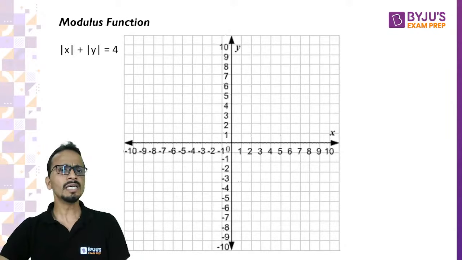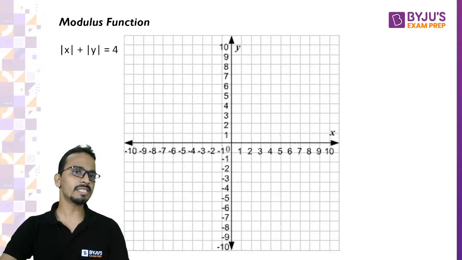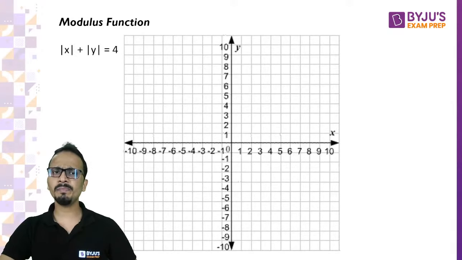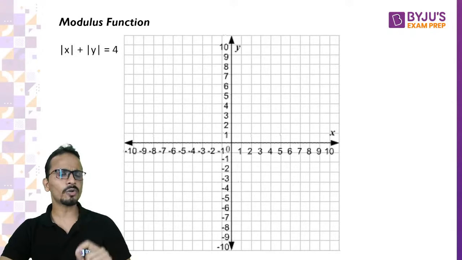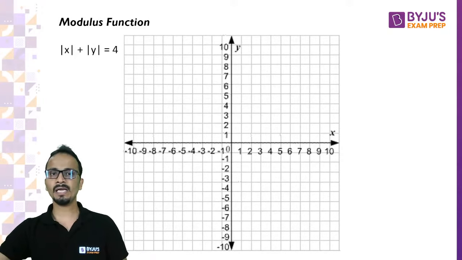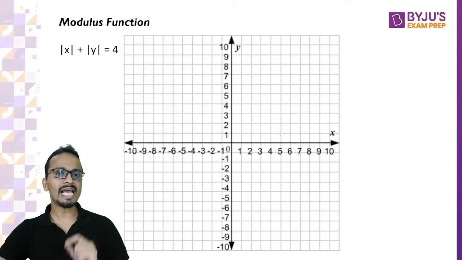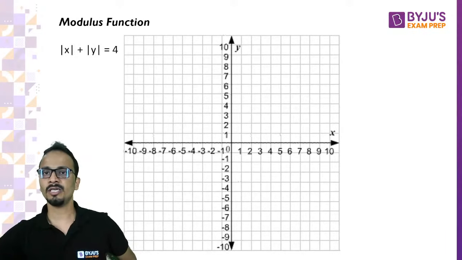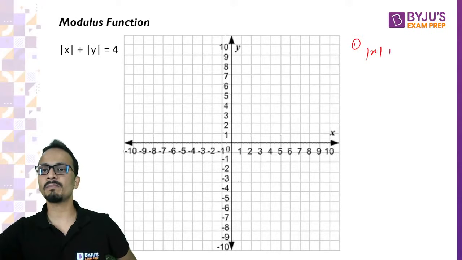Now in this case I have modulus x as well as modulus y. So I'll be going back and looking at the basic definition of modulus function. This graph will react in a different manner in different quadrants. If I look at quadrant number 1, mod x plus mod y equal to 4.